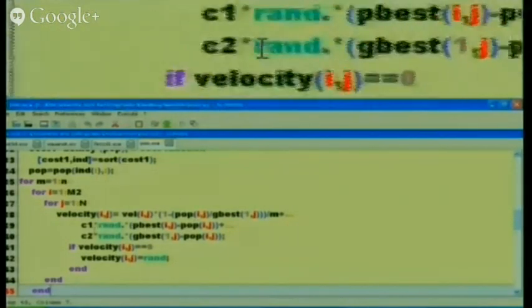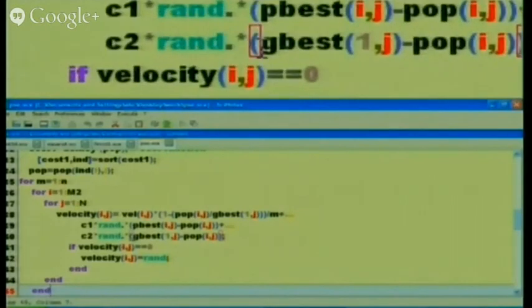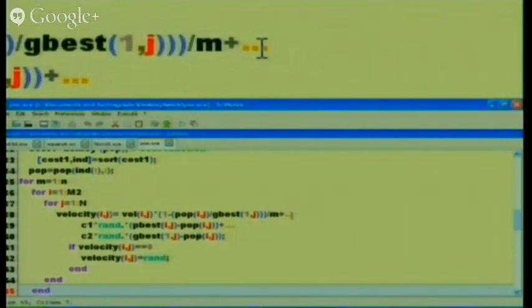So this is P best minus the position, P best is the distance or the position of the local one, then one particular particle's position, plus C2 into a random number into G best minus that number. So this is the basic equation for the PSO. This is the single equation.